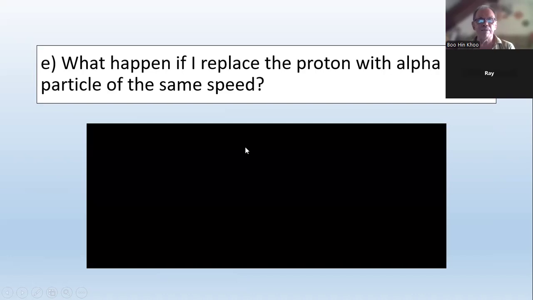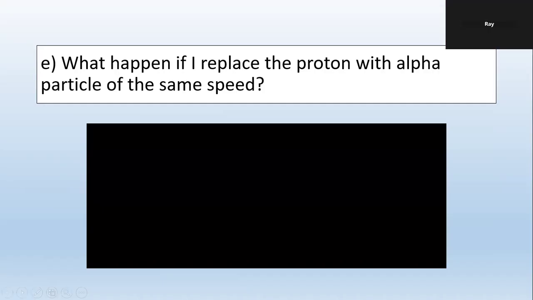What happens if we replace a proton with an alpha particle of the same speed? Remember, an alpha particle has two positive charges, so a higher force. Does it go straight through or is it deflected?